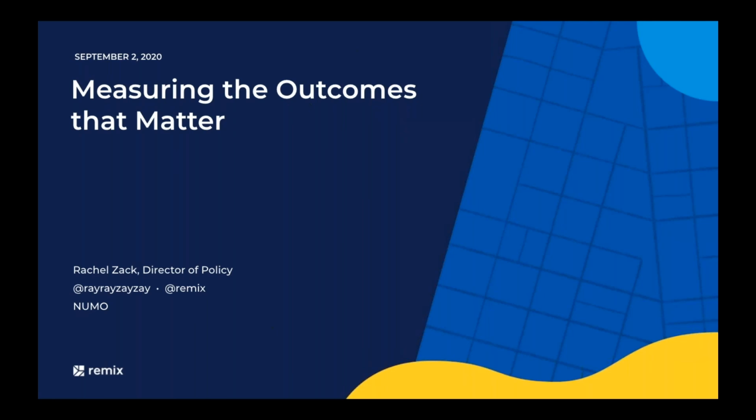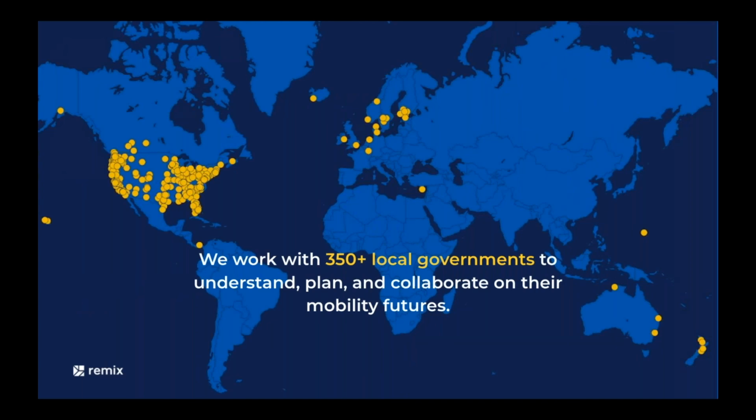Remix works with 350 cities to understand, plan, and collaborate on their mobility futures. I named this presentation Measuring Outcomes That Matter, because that's really what this tool is all about, and it's something that Remix is laser focused on.